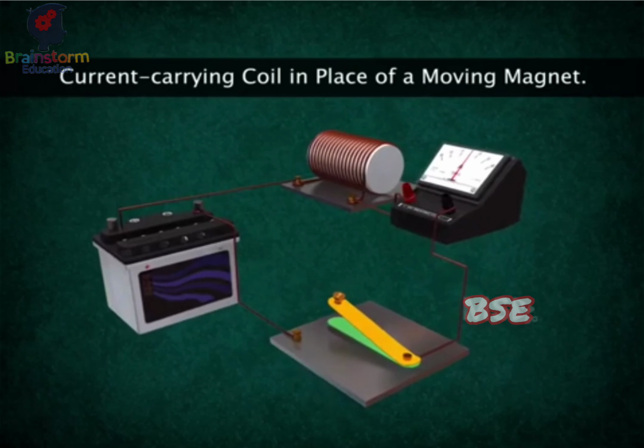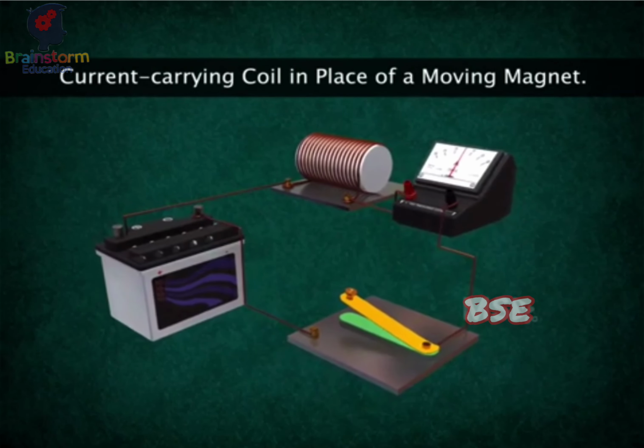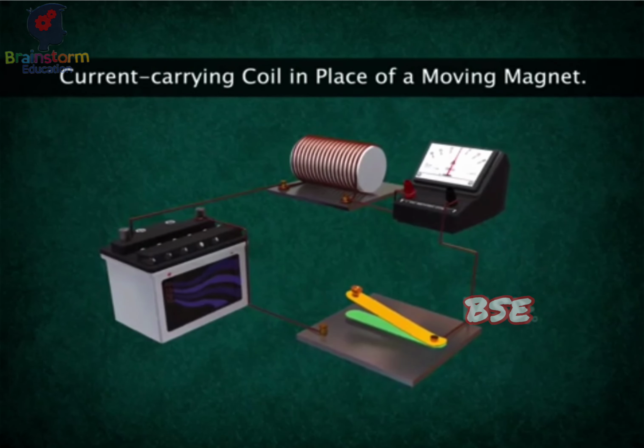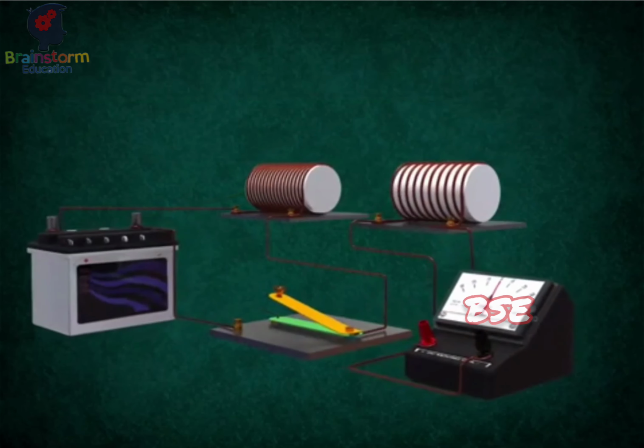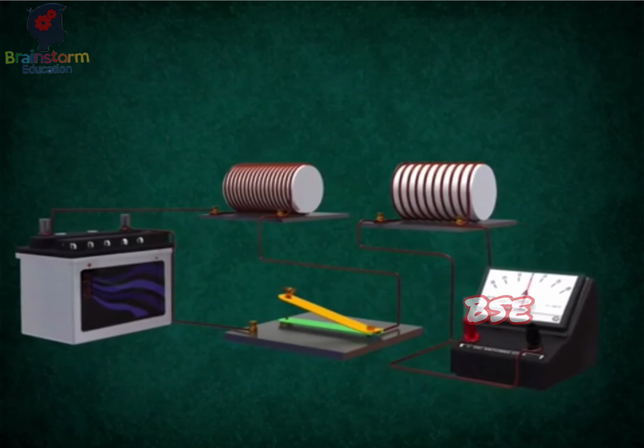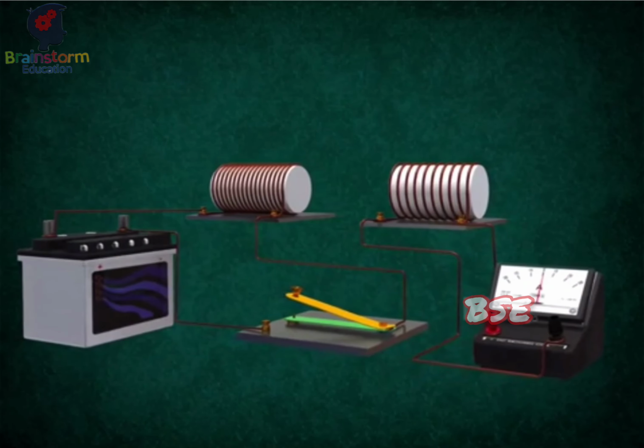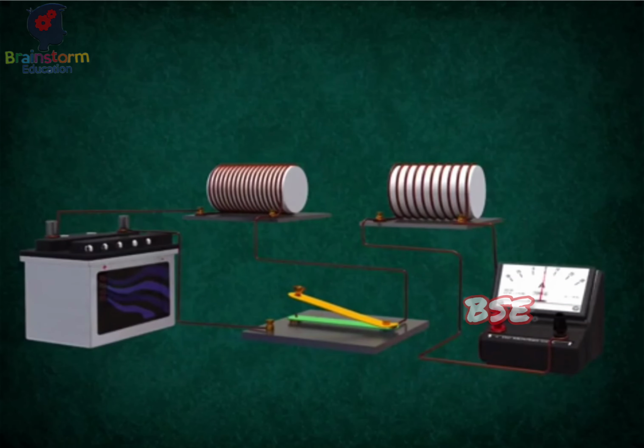Let us replace the moving magnet with a current-carrying coil with a greater number of turns. Let us connect another coil as shown here and name the current-carrying coil the primary coil and the coil connected to the galvanometer the secondary coil.